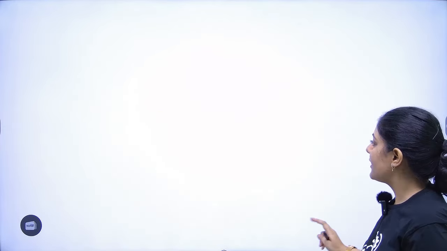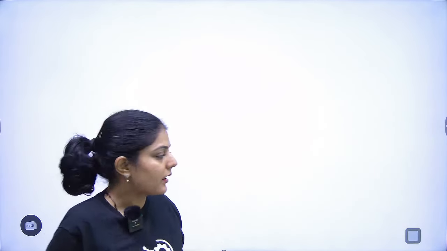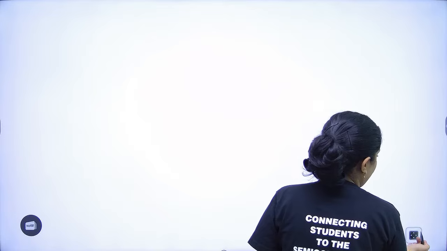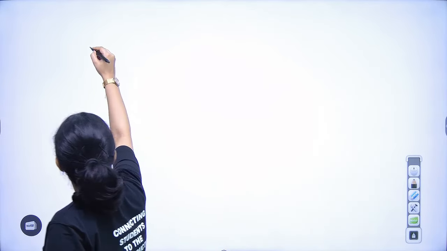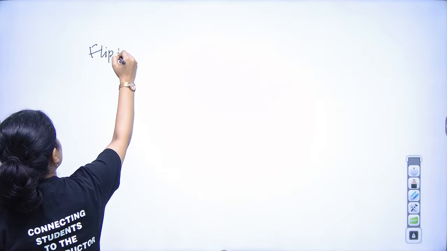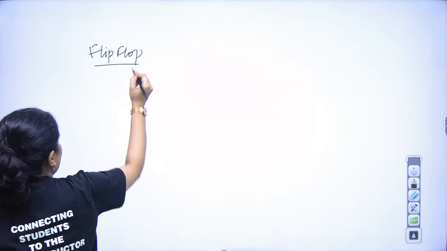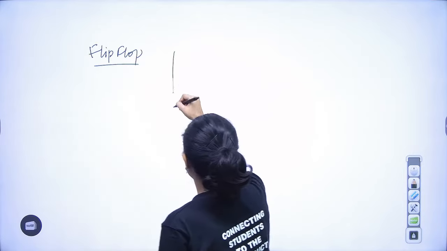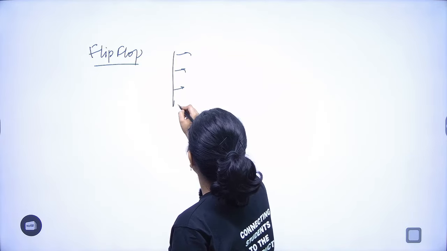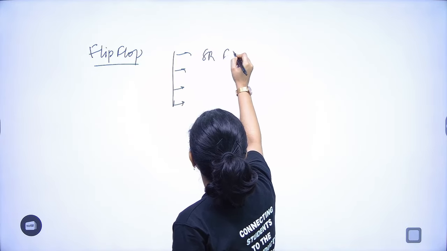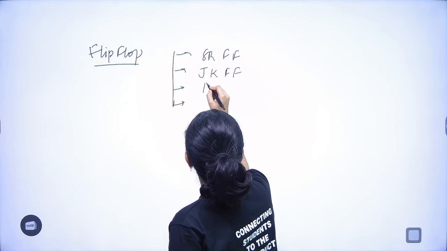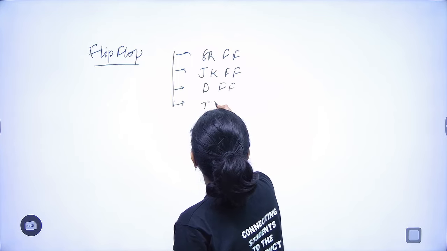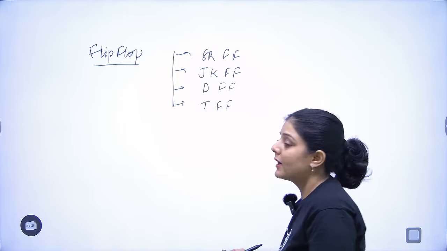If we talk about sequential circuits, the basic building block of a sequential circuit is known as a flip-flop. In flip-flops, we learn about many types, basically four common ones: SR flip-flop, JK flip-flop, D flip-flop, and T flip-flop.